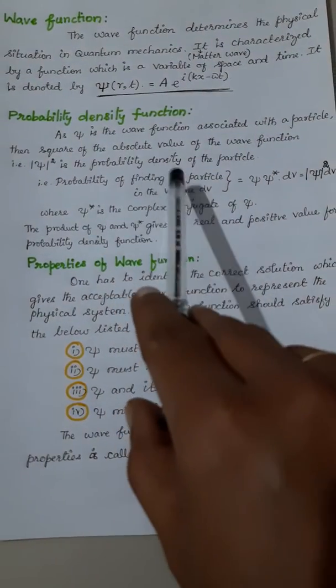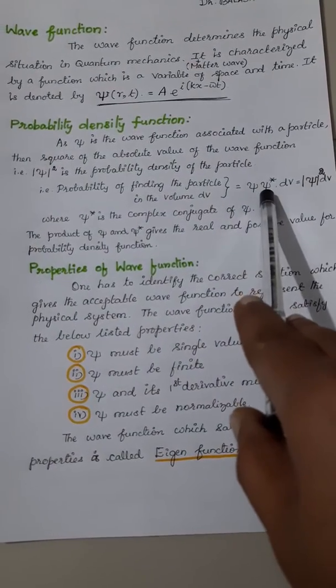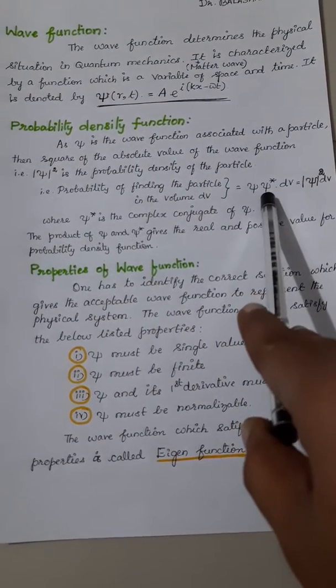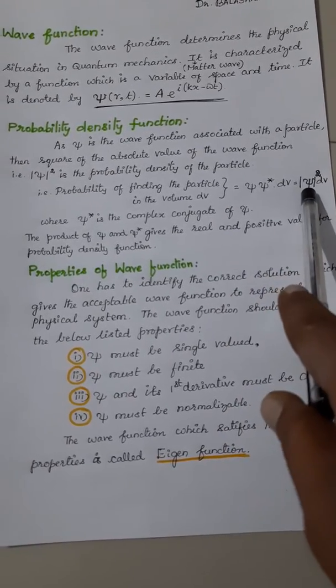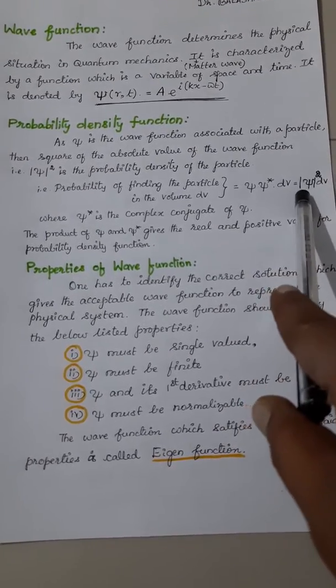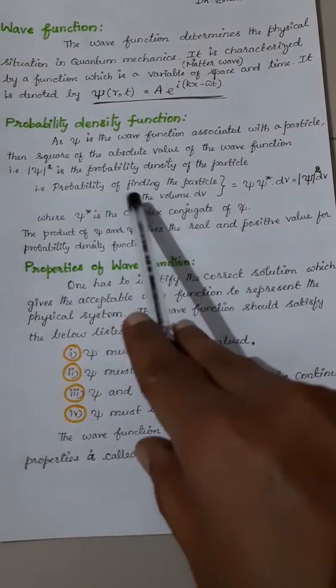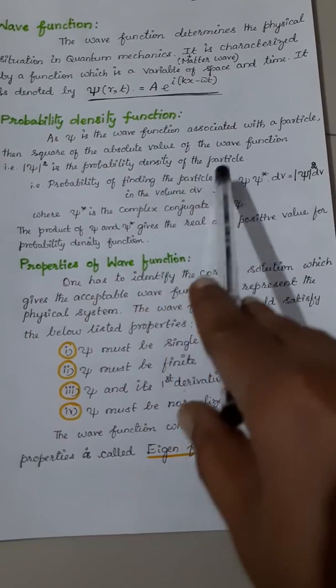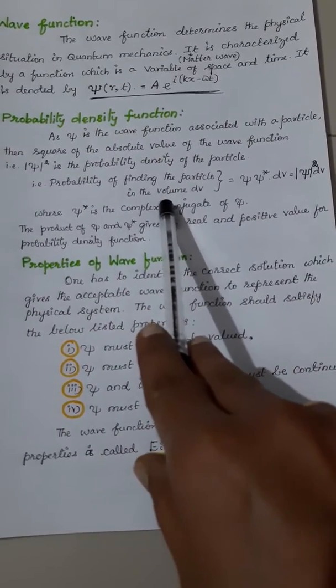So that is given by psi star, where psi star is the complex conjugate of the wave function. So the square of the absolute value of the wave function gives you the probability of finding the particle. So this has the physical significance.